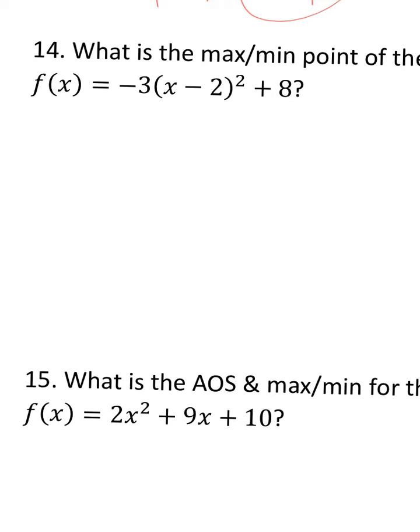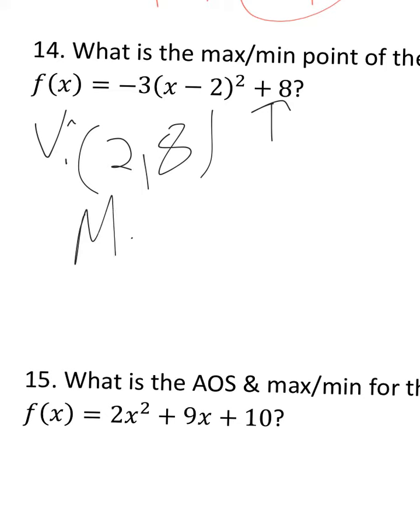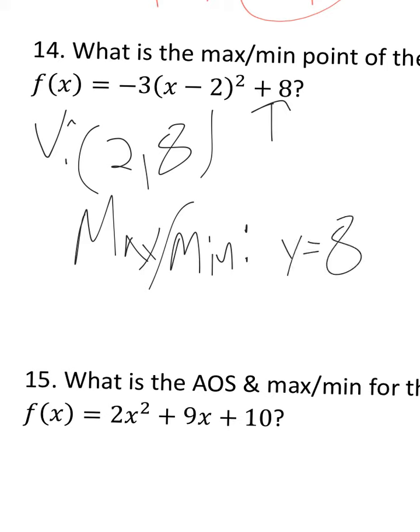Max or min point. It's just this number, because this is in vertex form. So your vertex is at 2, 8. So that max slash min is y equals 8.